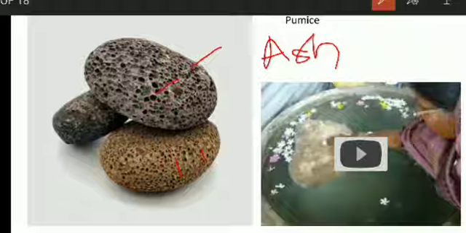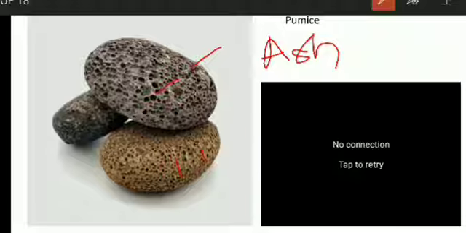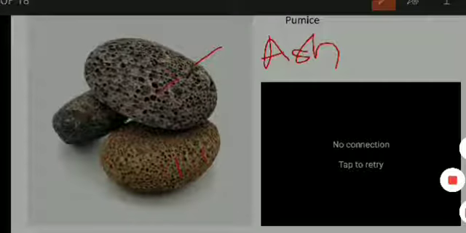That ash gets consolidated or accumulated, and it forms a rock which is very porous and very lightweight. You cannot determine its specific gravity because it will not sink into the water. So it will float on the water because it is very light in weight.